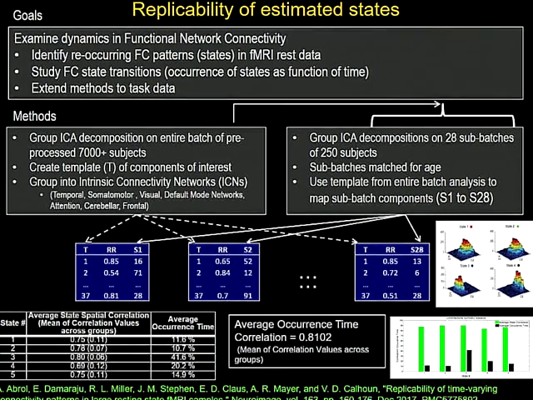And then we asked the question: do these state patterns replicate across those data sets? And they do. We get about 0.7 or 0.8 in terms of their pattern similarity using a correlation. And their dwell time, or percent occurrence time, was also consistent. So if there was a given state that people spent more time in, that tended to be true across all the different data sets.